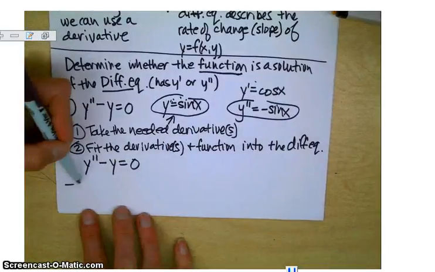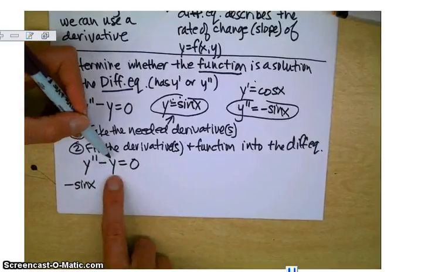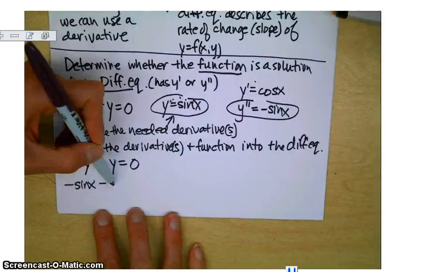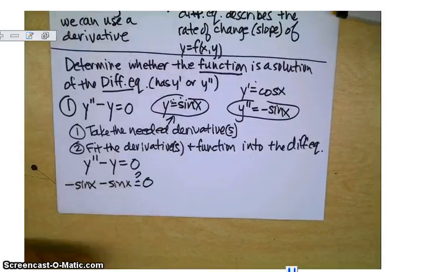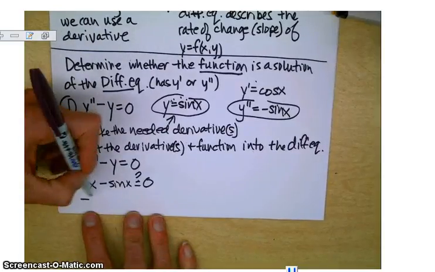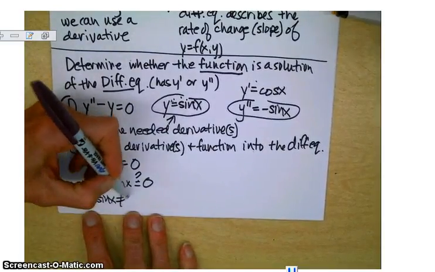Negative sine of x. And what is the actual function? y was equal to what? Sine. So negative sine of x minus sine of x. Does that equal 0? No. So this is actually negative 2 sine of x. That does not equal 0.